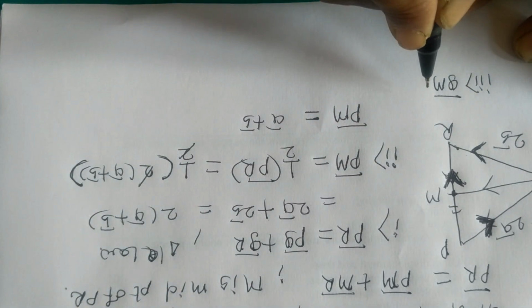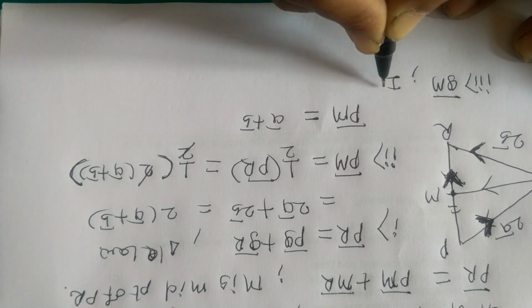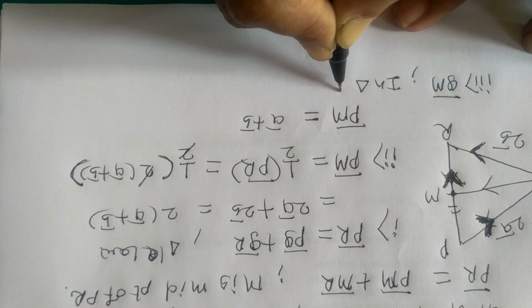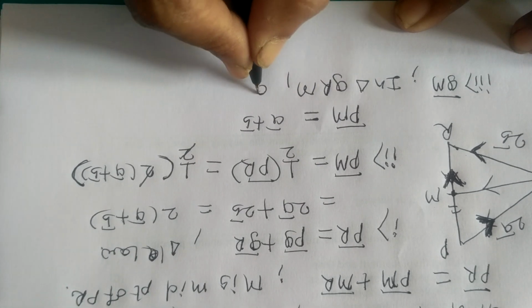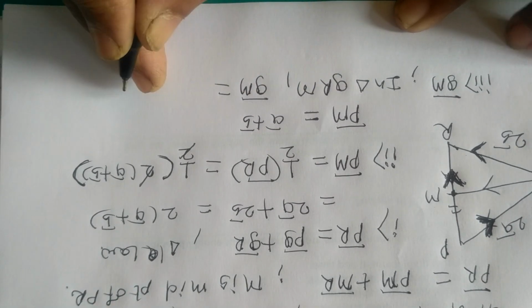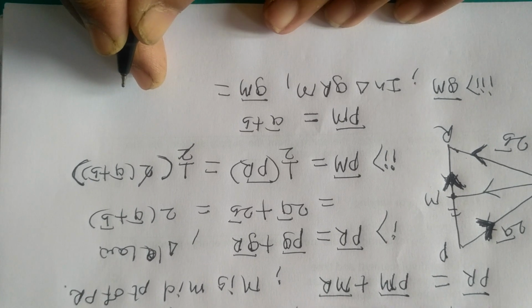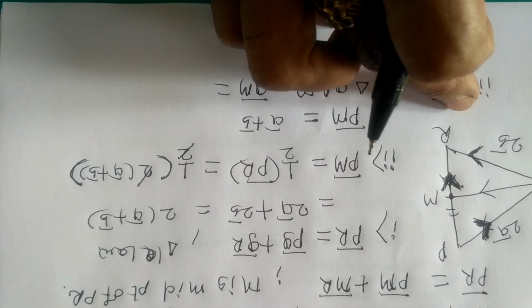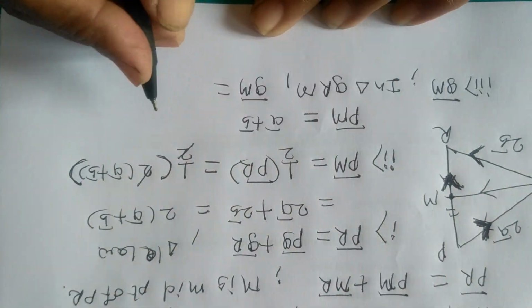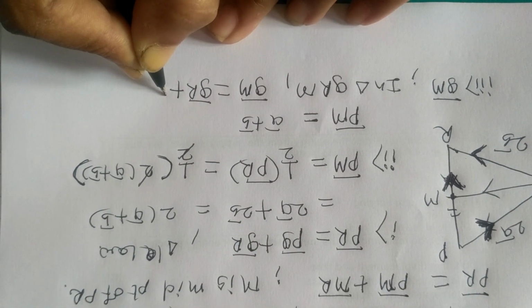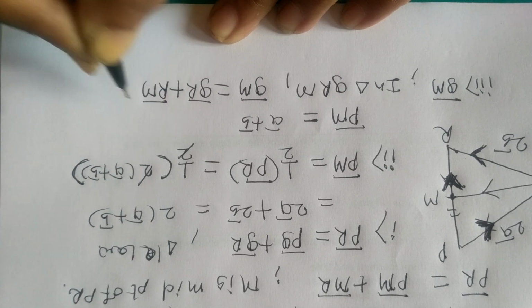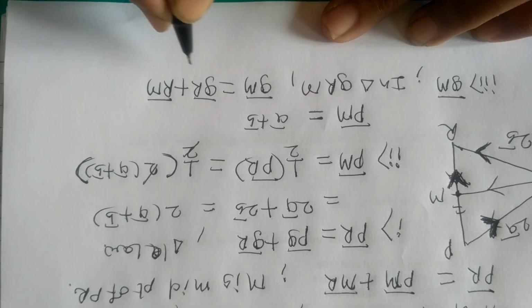So in triangle QRM, QM bar is equal to QR bar plus RM bar.